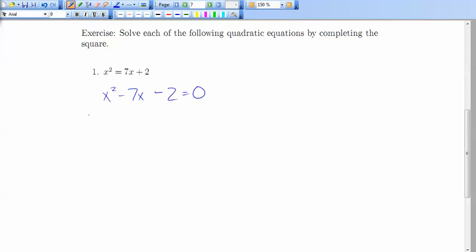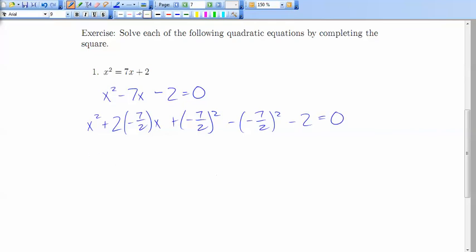Now I'll complete the square on the left-hand side there. So negative 7 is negative 7/2 times 2. So I want plus a negative 7/2 squared to show up, but I have to take it away right away. And of course, I've still got my minus 2. Now the first 3 terms, just like we saw, are going to collapse down into x minus 7/2 squared.